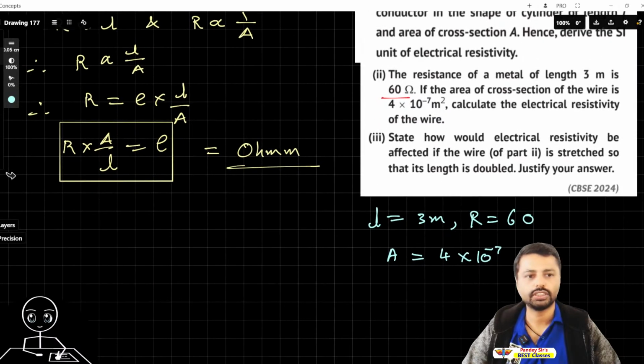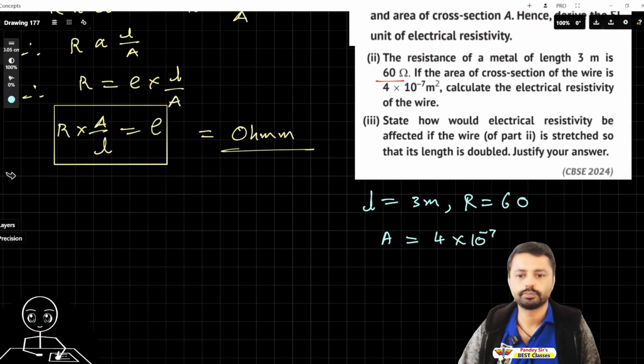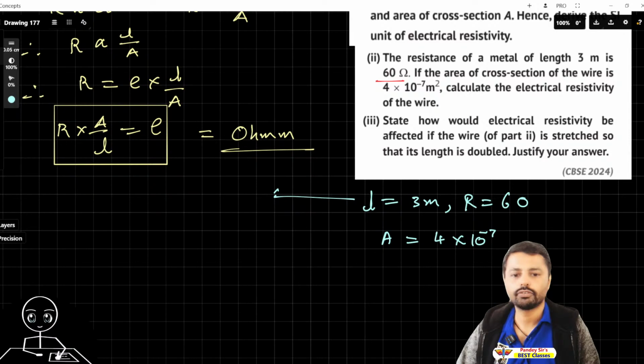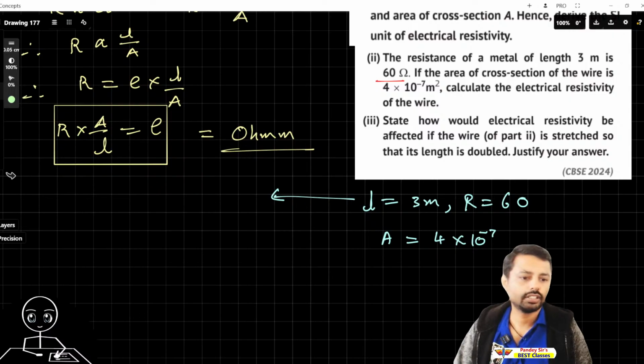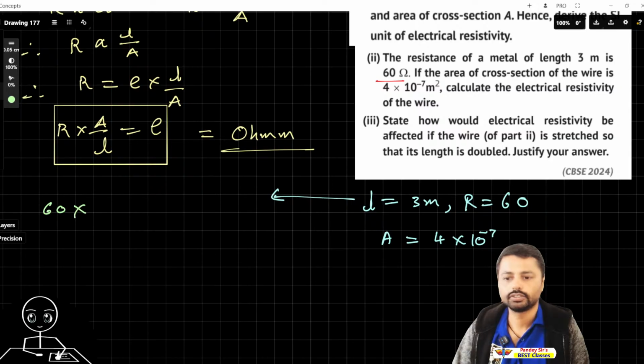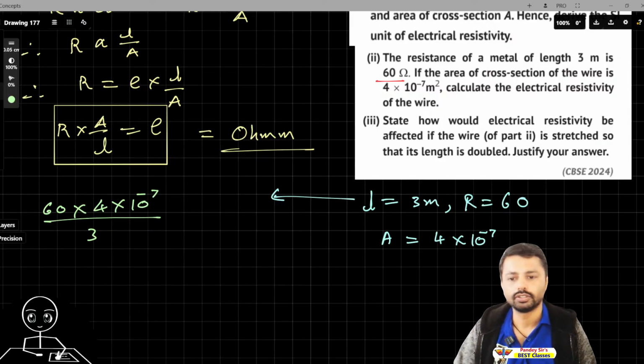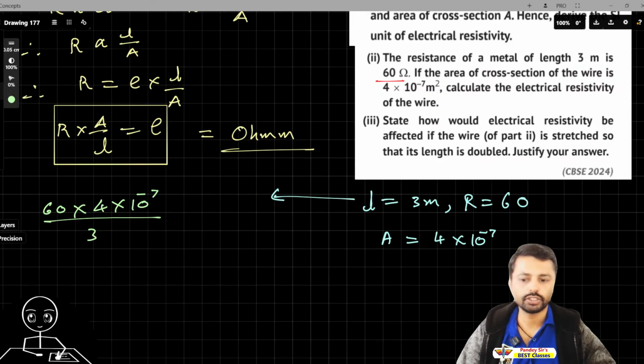Okay. So just apply that formula. I am going to solve it over here. In this formula, I will put those values. So first R. R is 60. A is this 4 into 10 to the power minus 7, whole by L. So L is 3. So 60 into 4 into 10 to the power minus 7, whole by 3.